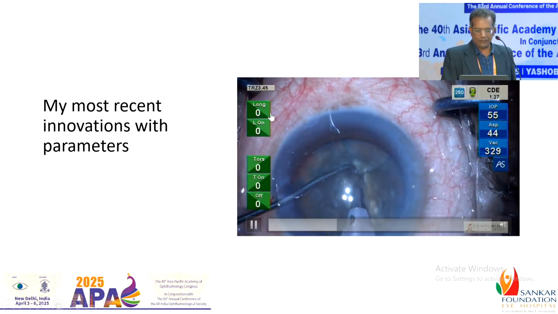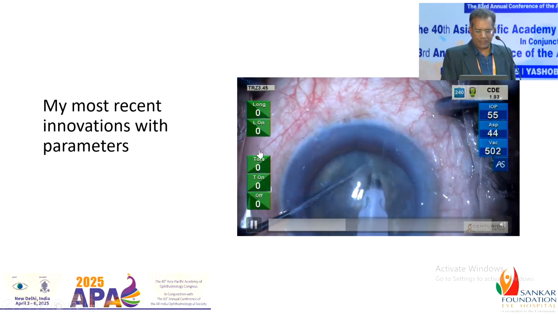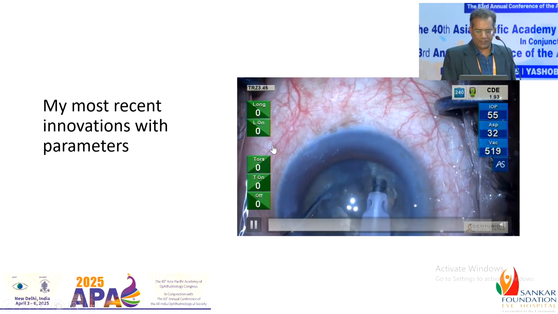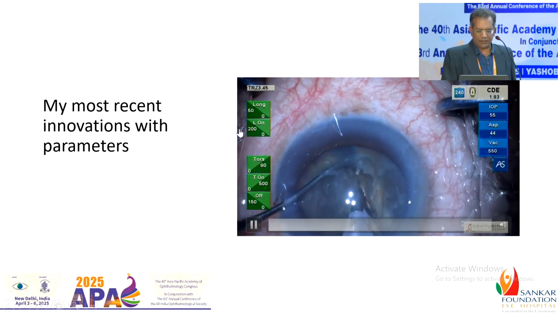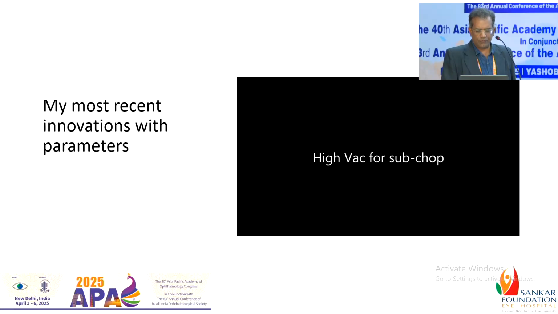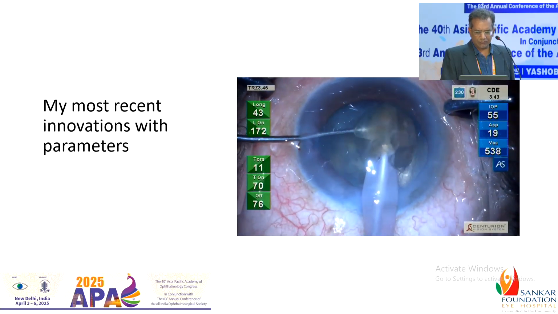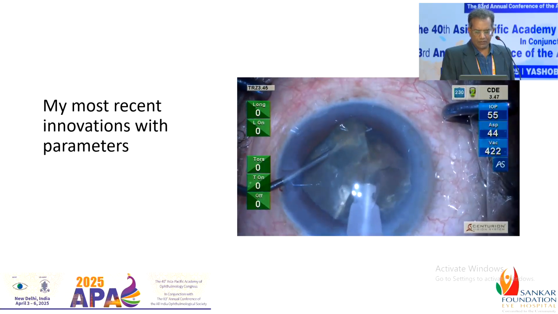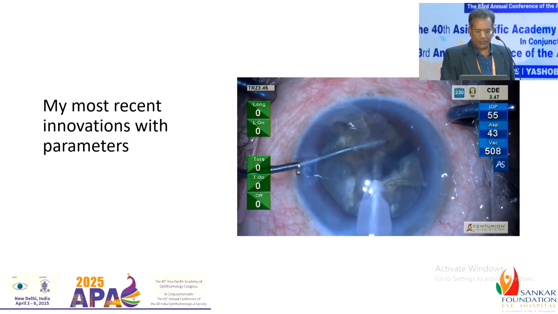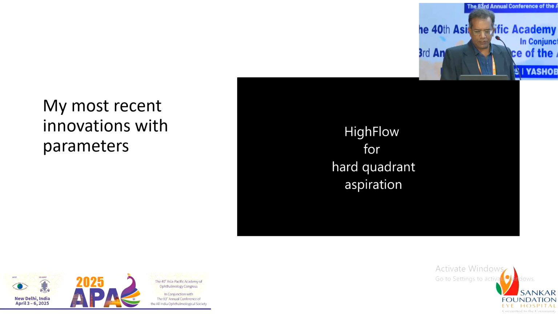Here, what we are using is a longitudinal mode that is reducing with foot pedal and a torsional mode that is increasing with foot pedal. But we are not at all using all the foot pedal pressure. Now here we are using the sub chop.